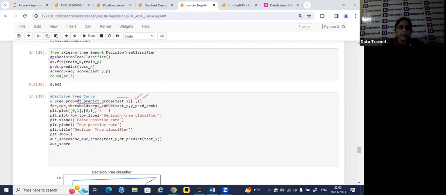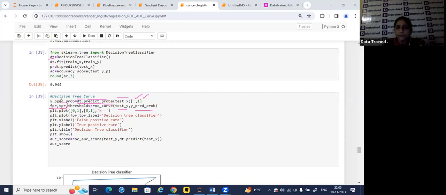The predict probability function will return y predict probability, the predicted probabilities. I will pass this predicted probability into the ROC curve here. So I'm passing the actual true values and the predicted probabilities. This is going to return the false positive rate, true positive rate, and the various threshold values.